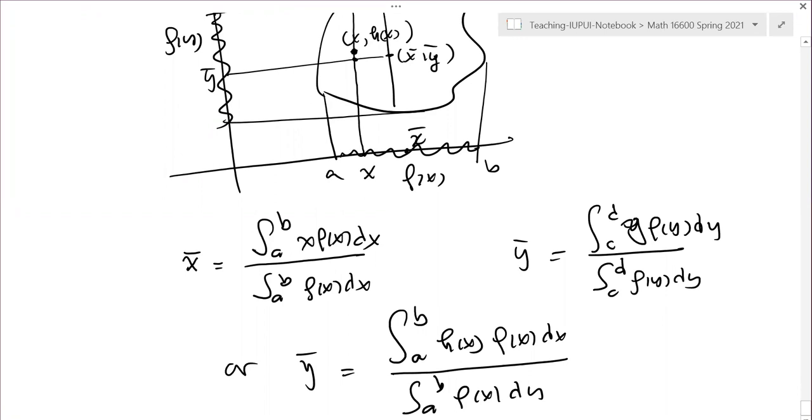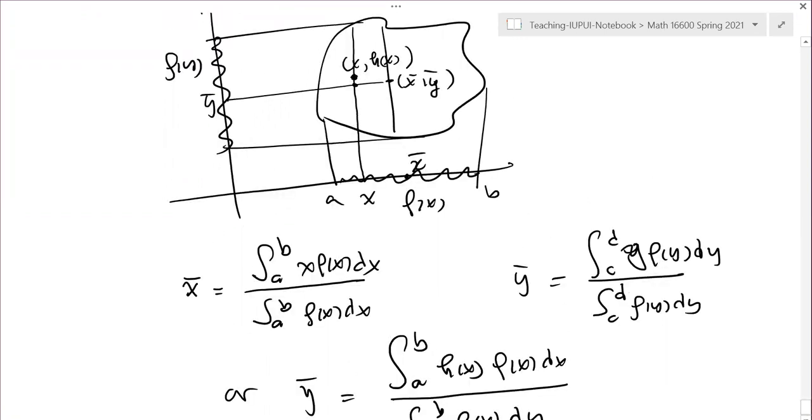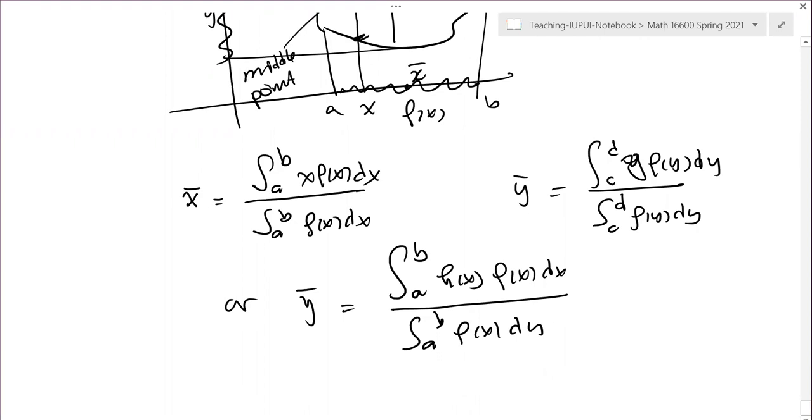So what is h of x? That's the middle point of the line segment going through the region at the point x. And you will end up with the same result. Okay, I stop here.